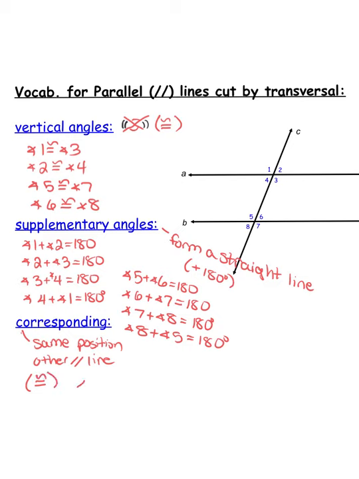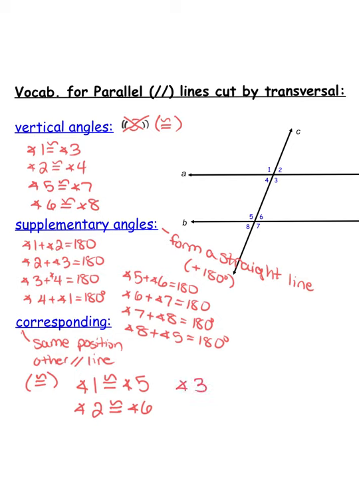So if we look, angle 1 is congruent to, if we look at the other section of angles, it's angle 5. Both of them are in the top left position where the transversal hits the parallel line. We can say that angle 2 corresponds and is congruent to angle 6. They are both in the top right position.